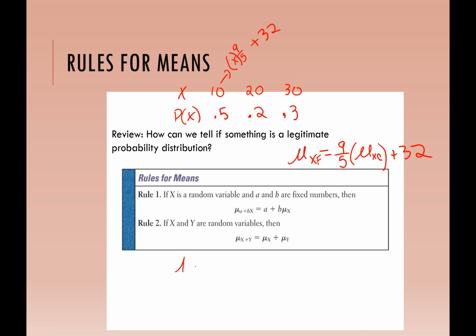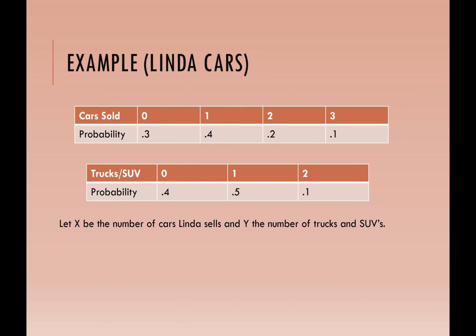Then if we had two random variables and we had the means of each, and we wanted the mean of the random variable if we added all the values together, we can just take the means and add them together. All right, so let's take an example.